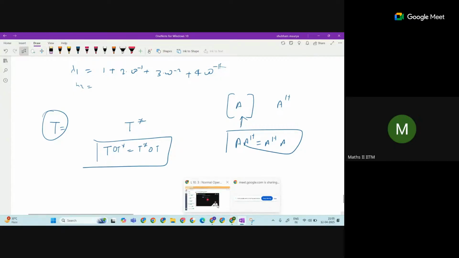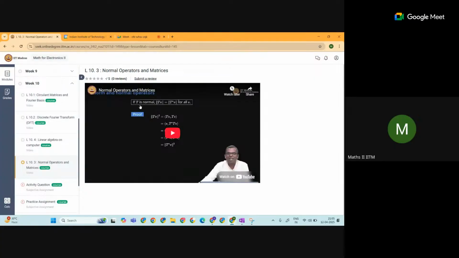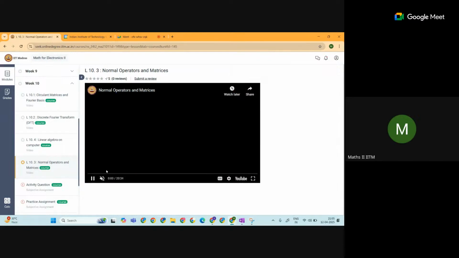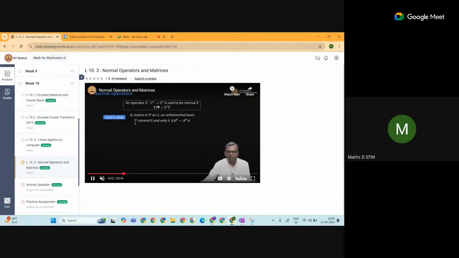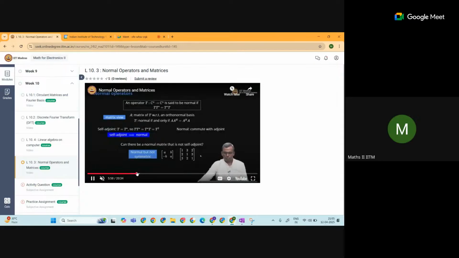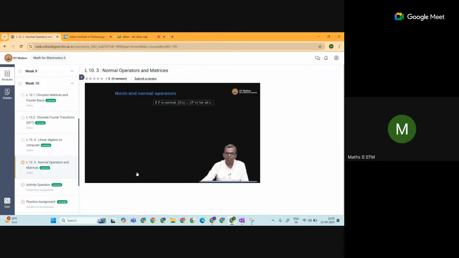The whole theory is only on this thing. And this is one proof of it already. The normal matrices have some properties; this is the general property, or in the matrix case it is this one. Now a direct question would be asked: some matrix is given, is this matrix normal? You only need to check whether A and its Hermitian commute with each other; if yes, then it is normal, if not, then not.